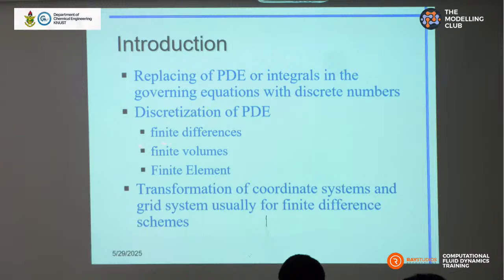So we discretize the PDEs using either the finite difference method, the finite volume method, or the finite element method. Now, there are some cases, because of the geometry, okay, we may need some form of coordinate transformation and grid system, and so this is usually applied in the finite difference scheme.